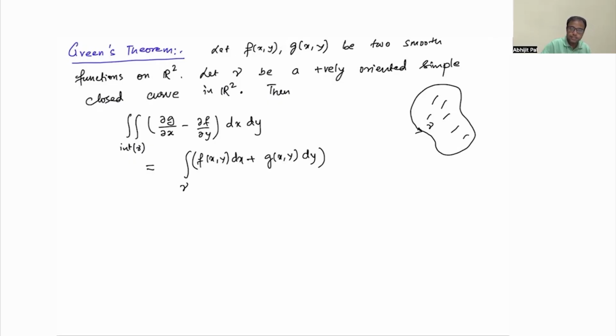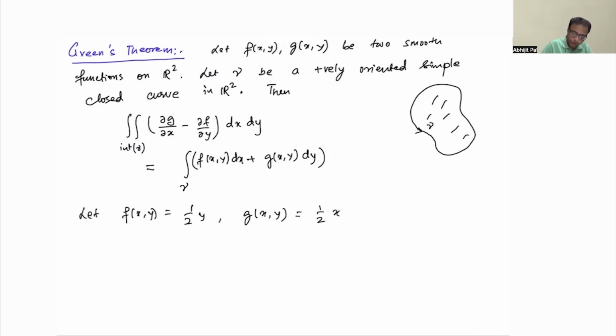Now using Green's theorem, let us take f(x,y) equal to minus half of y, and g(x,y) equal to half of x.